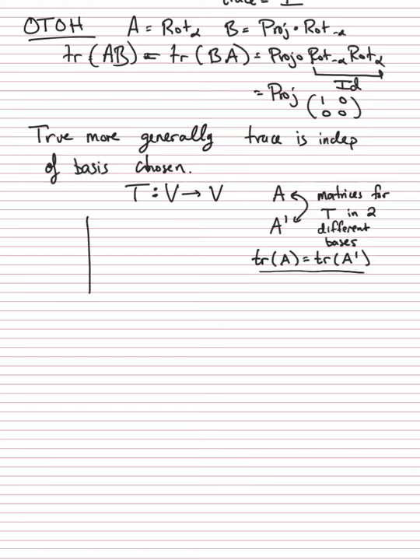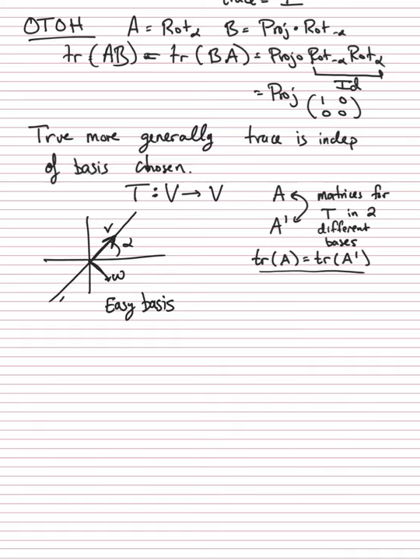Okay? So in other words, if I wanted to project along the line here, well, I could have chosen a very easy basis. Namely, one of my basis vectors is on the line. The other basis vector is orthogonal, so it goes to 0.